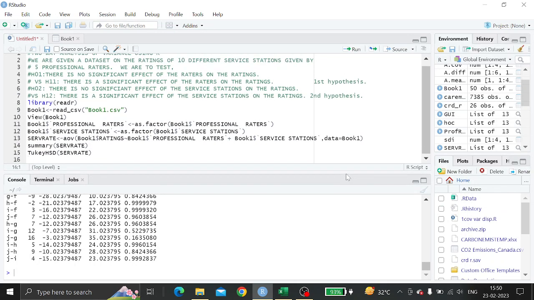Now I would like to add one thing. You could use the same code to perform a randomized block design experiment test in RStudio. But keep in mind that two-way ANOVA and randomized block design are not the same thing.